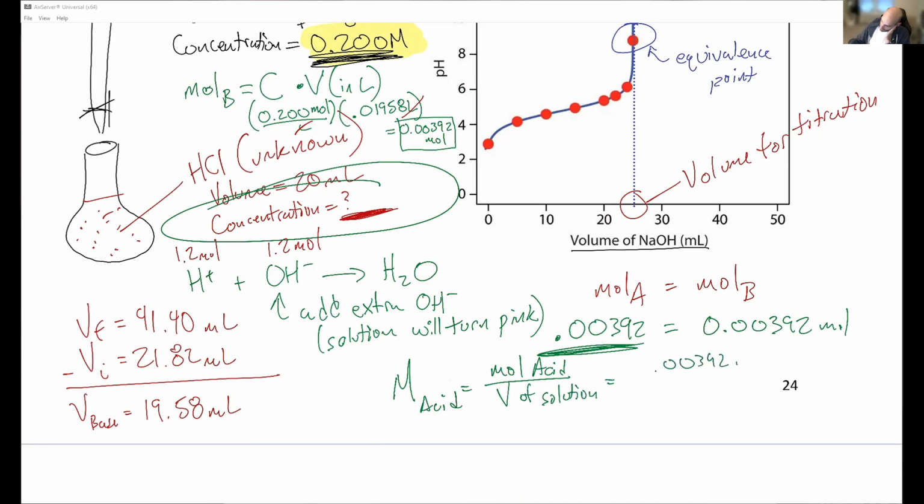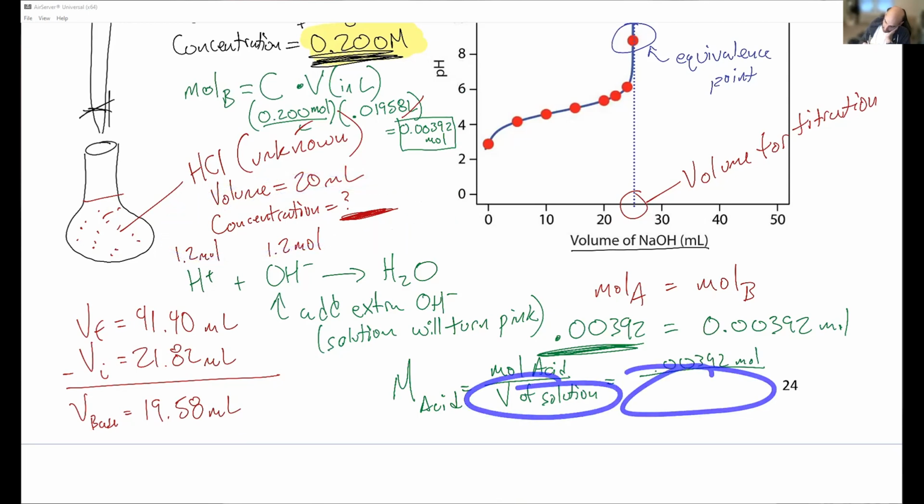So my moles of acid are 0.00392 moles divided by the volume, and the volume was 20 mils. Let me erase this. So for the concentration we're looking for, we need the volume of the solution, and we did that by measuring out 20 mils in the video. So 20 mils, so 0.0200 liters.